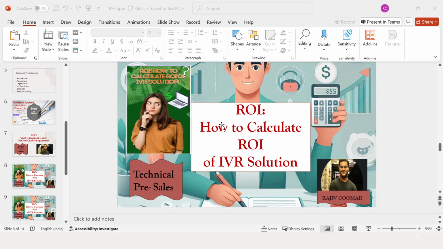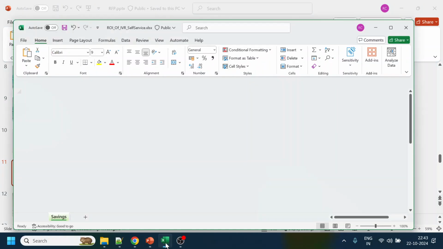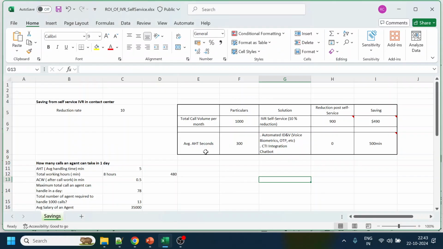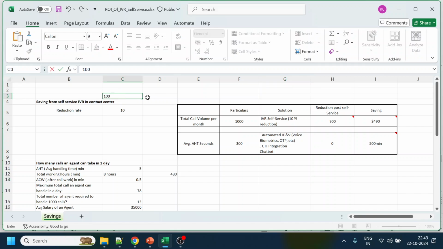Okay. So let's jump to the calculation, or basically the concept of return of investment. Return of investment, or ROI, right? If you are investing 100 rupees or $100, how long or how many years will it take to get that $100 back to your account?